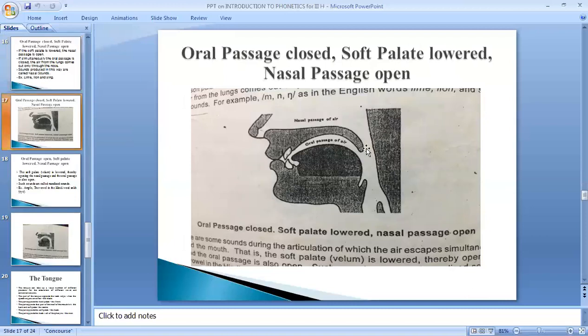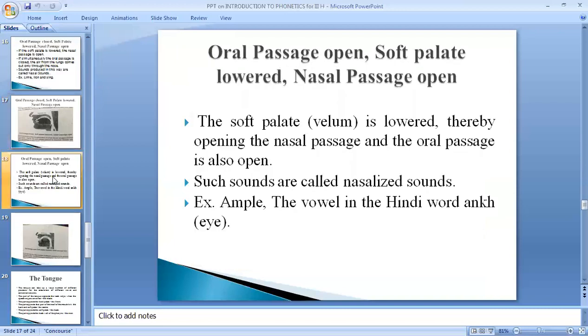The oral passage is closed, the soft palate is lowered, and the nasal passage is open. For example, ma, na sounds.